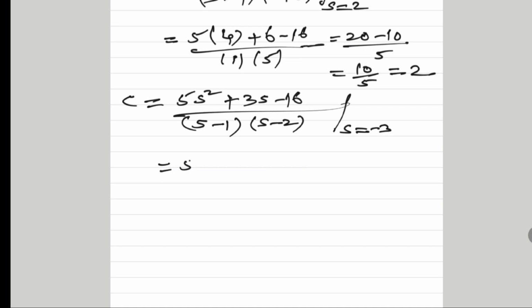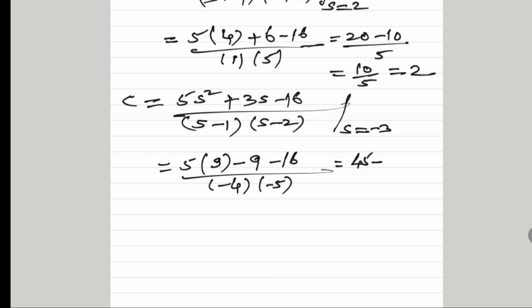Therefore we get 5 into minus 3 square is 9, 3 into minus 3 we get minus 9, minus 16, whole divided by minus 3 minus 1 we get minus 4, and minus 3 minus 2 we get minus 5.